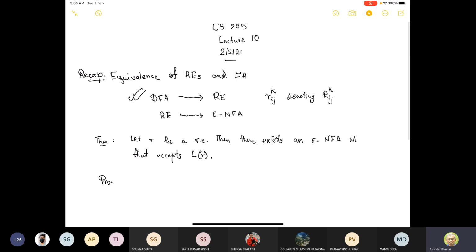Okay, and this proof is simple. It is by induction, by structural induction, by induction on the structure of R.